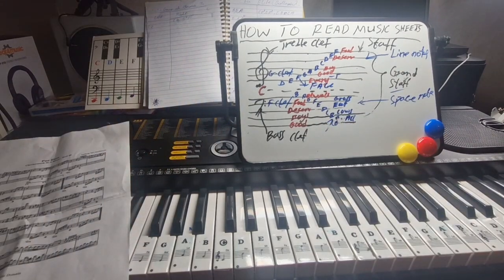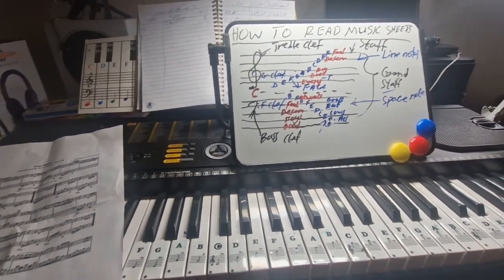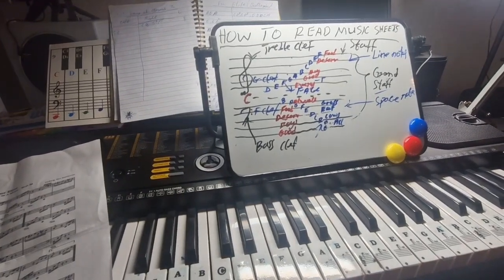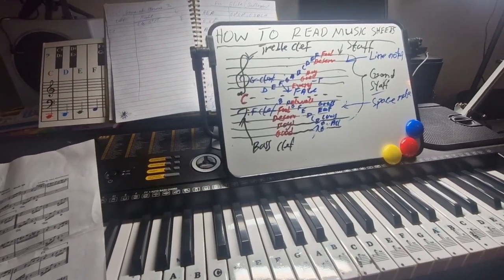All right. So now that is how you read your music notes.